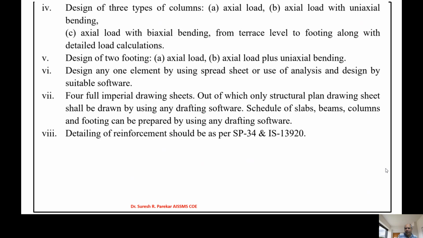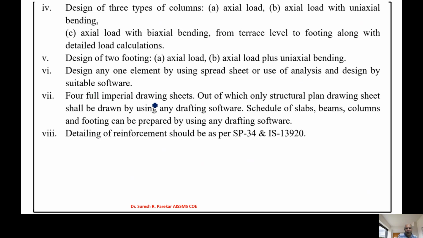So we have to go with these columns and all these parts. Now if we go ahead, then we have design of any one element by using a spreadsheet. So you can use a spreadsheet and design by suitable software.